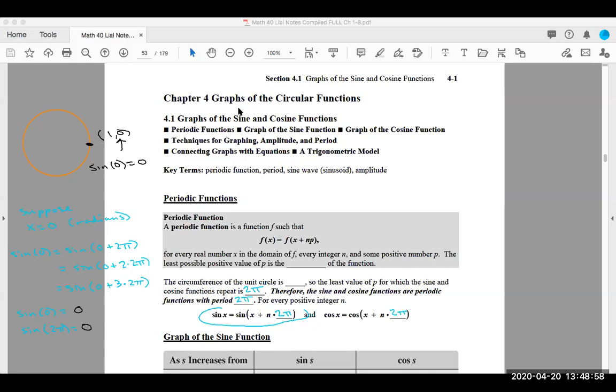And then this also repeats for sine of 4 pi and sine of 6 pi, and so on and so forth. So 0. And then we're going to see that the same thing is going to happen with the cosine function for the same reasons. Let me go ahead and save this, and then we will move to the next page.